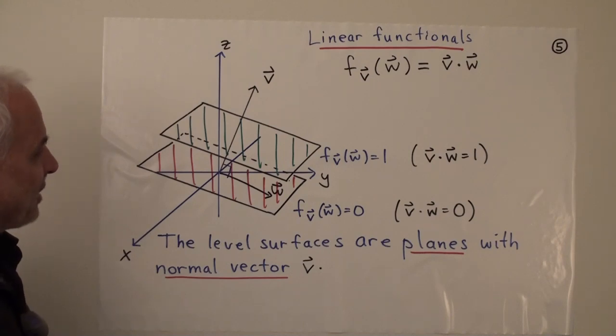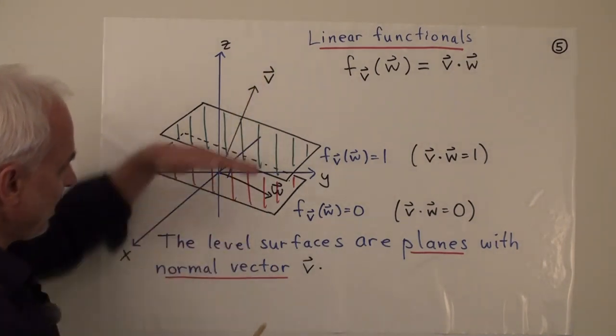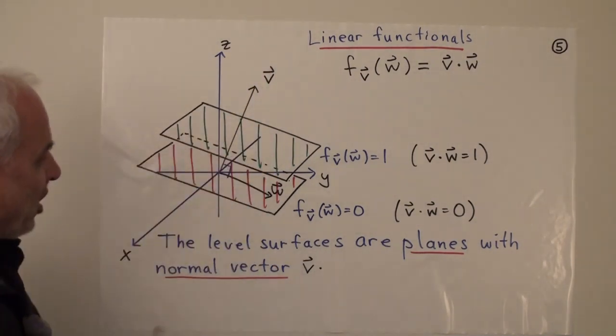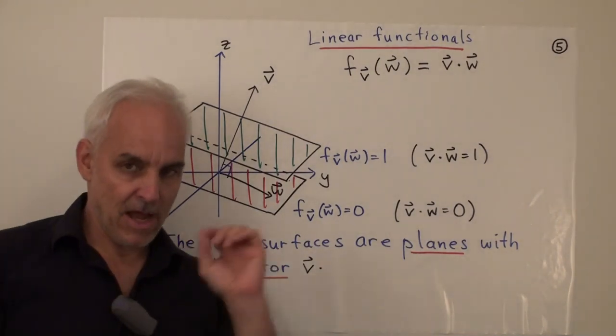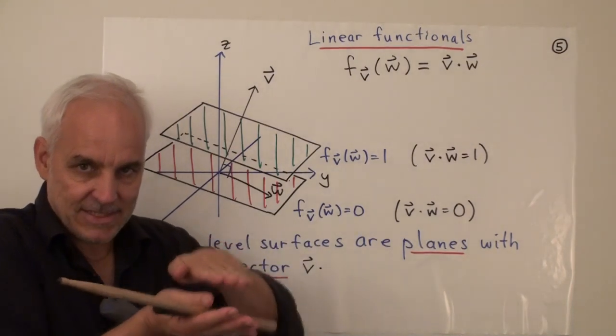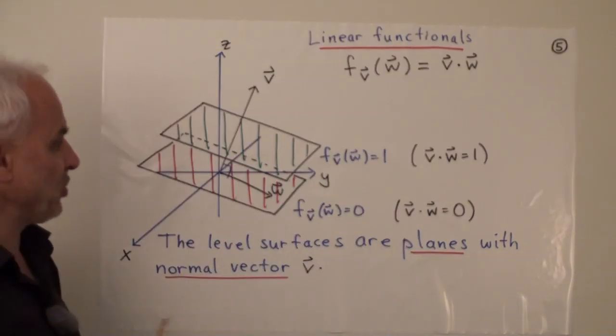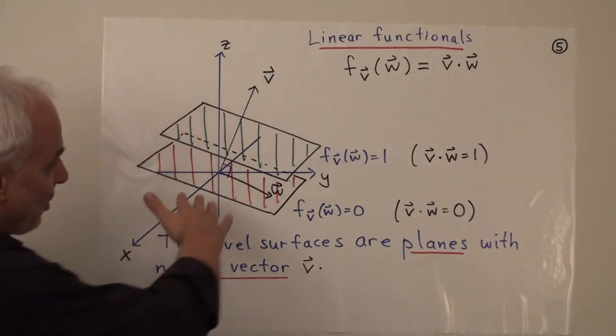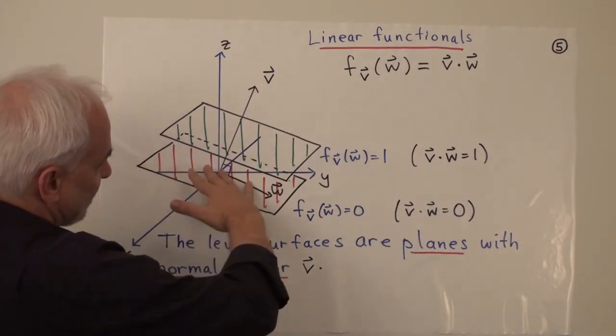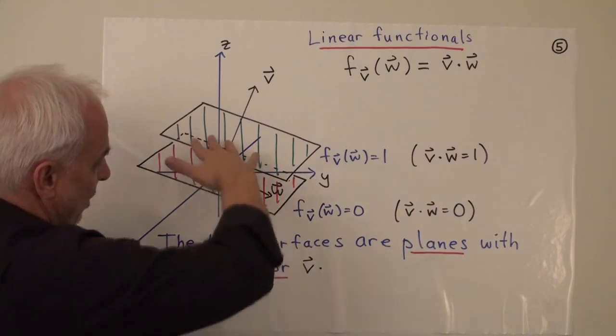And of course, the bigger v is, the closer these planes are to each other. So very similar to the planar case where we had lines, but now we have planes that essentially determine the functional. And if we want other values of the functional, well, it's all kind of linear. So the function's 0 at this plane, 1 at this plane.